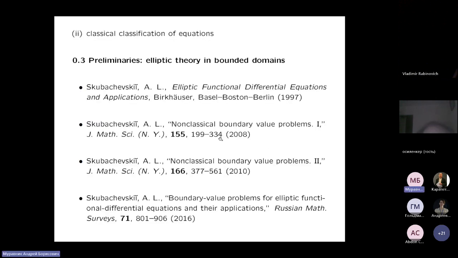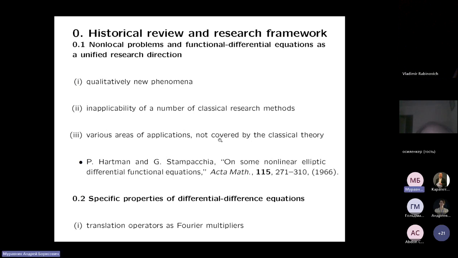It is divided between two slides. Okay, let it be so. First of all, translation operators are Fourier multipliers, similarly to differential operators. Of course, the symbols are different, but anyway, each translation operator is a Fourier multiplier.